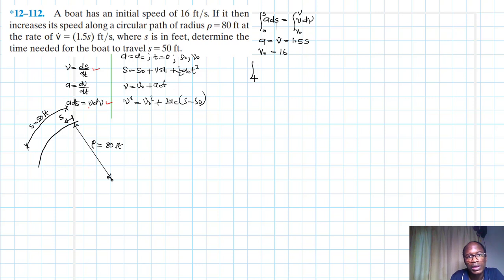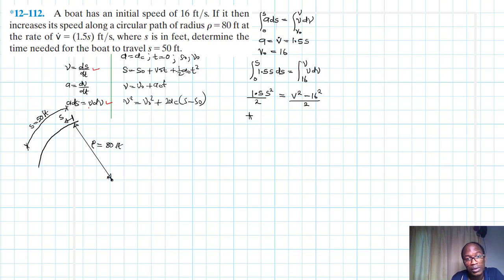So let's work it out. We'll have the integral from 0 to s of 1.5 s ds equal to the integral from 16 to v of v dv. Working this out, we'll have 1.5 s squared divided by 2 equal to v squared minus 16 squared, divided by 2.